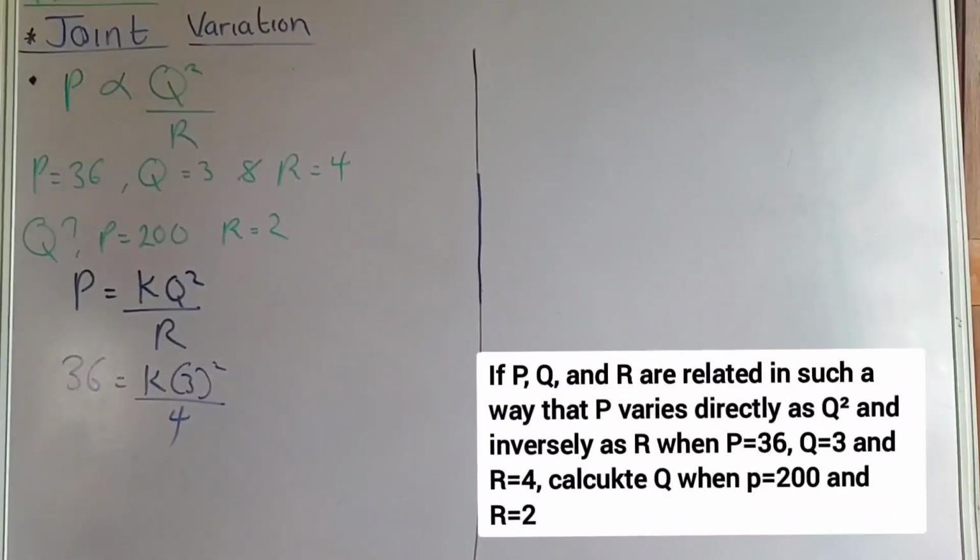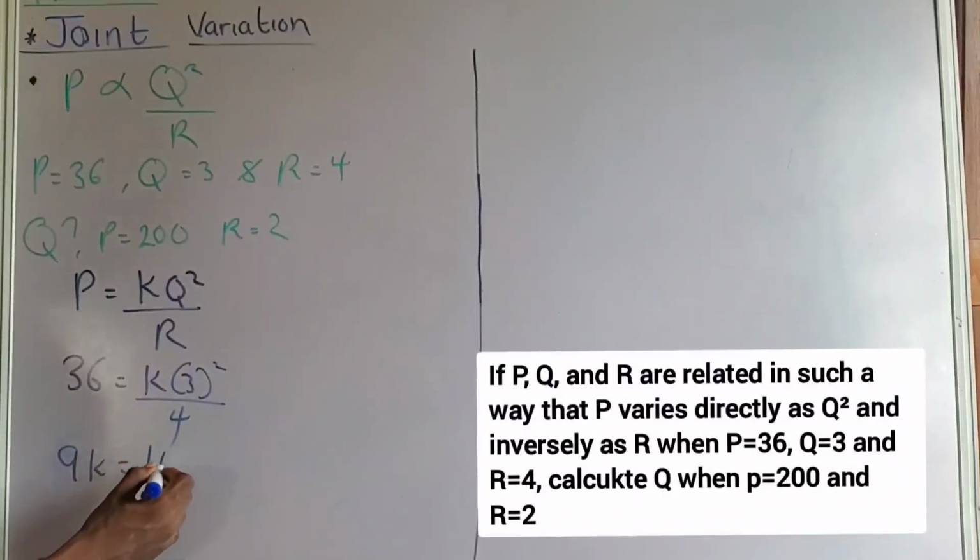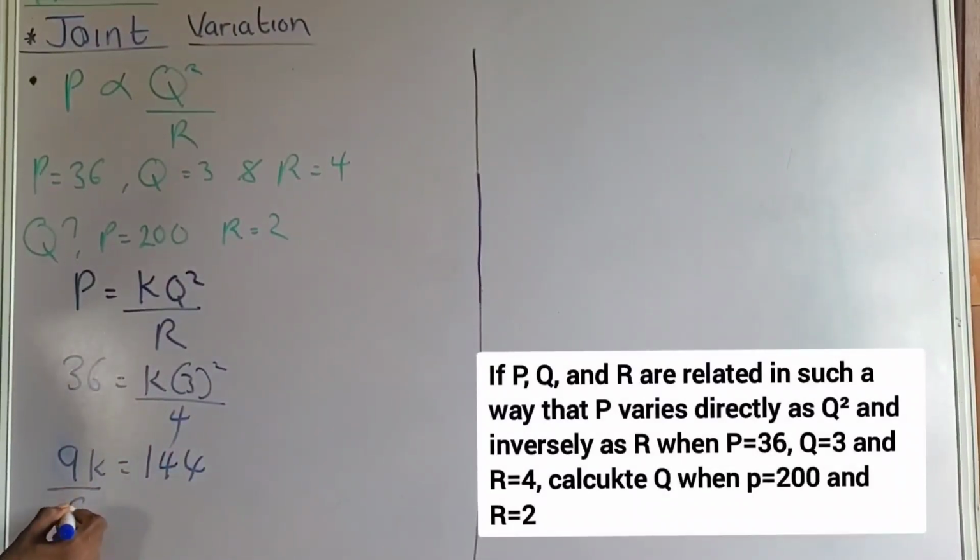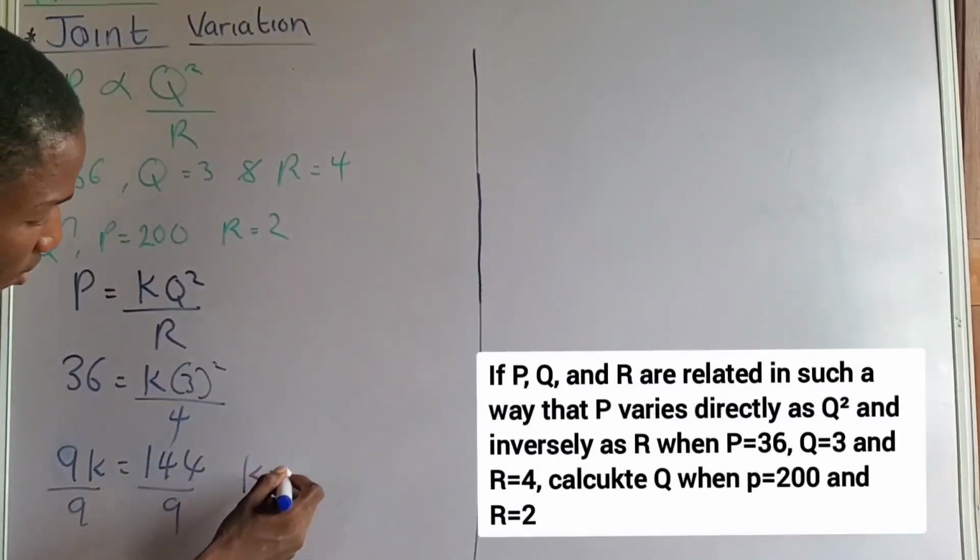Is that not it? Now, 3 squared is 9, so I'm going to have 9k is equal to 36 times 4, which is 144. This over 9 and this over 9. 144 divided by 9 is 16. So k is equal to 16.